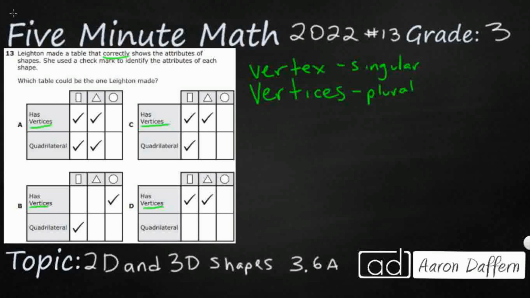So what are those? Well, we are dealing with two-dimensional shapes here. You notice they don't label any of them, but they're pretty obvious, right? We've got a rectangle, we've got a triangle, and we've got a circle. All right, so a vertex is something that we're going to find on a two-dimensional shape.